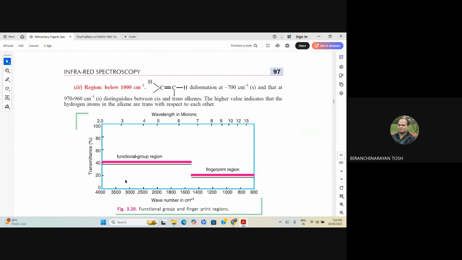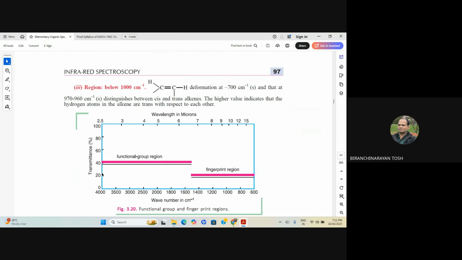This region up to 1600 is known as the functional group region. Functional group in the sense that the carbonyl group will give a band around 1735 to 1750, hydroxyl group and amine at 3500 to 3000, and methylene group around 2900. So these are functional groups, and the fingerprint region tells about the stretching fundamental vibrations, like OH stretching or CH stretching.